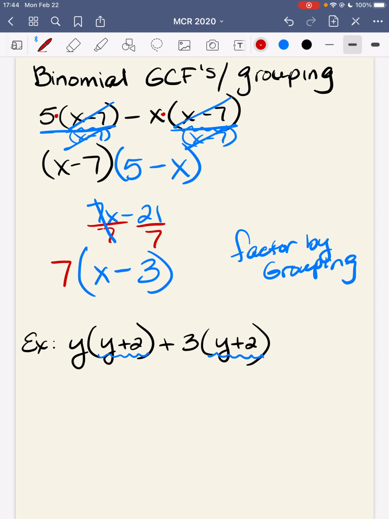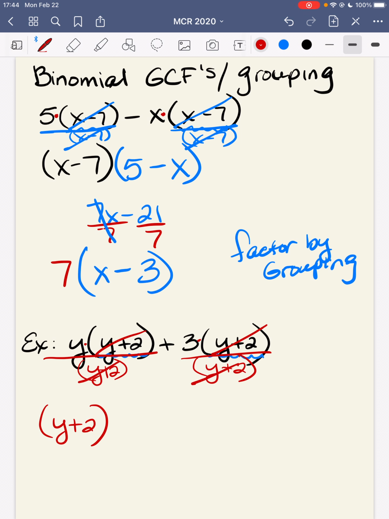We're going to divide out, because this is multiplication, our binomial GCF. And when we divide it out, it's going to go out to the front, just like our 7 did in the previous example. These are all going to cancel, and the second binomial is going to contain whatever was left over, which in this case is the y plus 3.